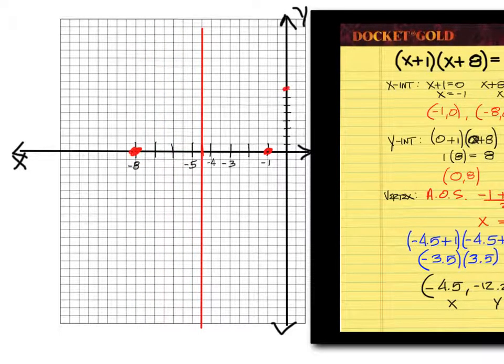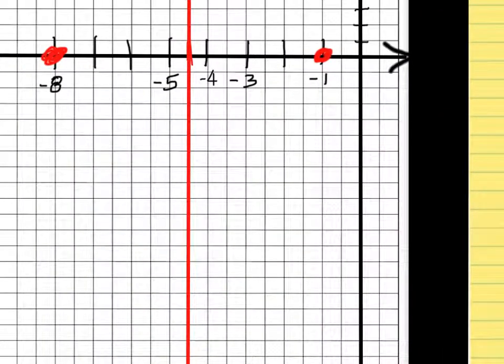Here's the axis of symmetry. The graph must be the same on the right as it is on the left of this line. The vertex is negative 4.5 and then down 12.25. So let's zoom in on this and count this out. There's 1, 2, 3, 4, 5, 6, 7, 8, 9, 10, 11, 12, and then 0.25. Right about there.